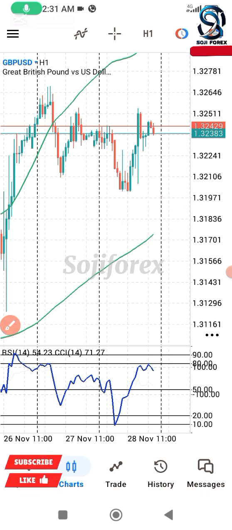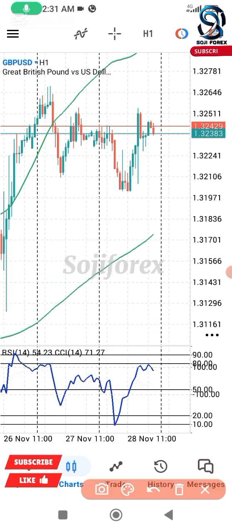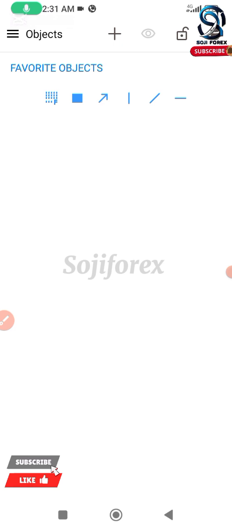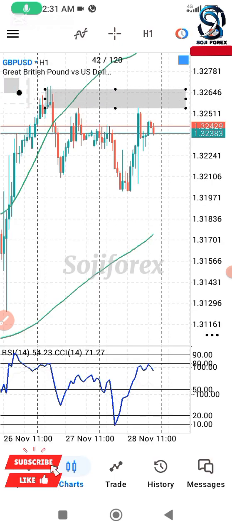Having said that, let's go with what we are having now, that we are in a downtrend, because we are having our lower high, our lower low, our lower high, and now our lower low. Now that we have established this on a 1 hour time frame, we'll mark our point of interest. First, we have this particular order block as our point of interest.